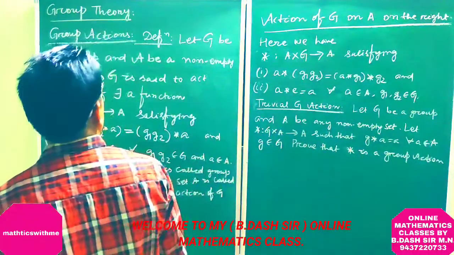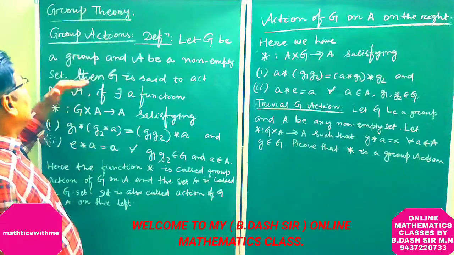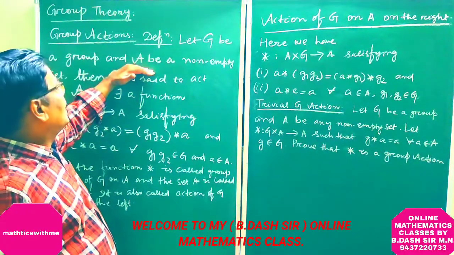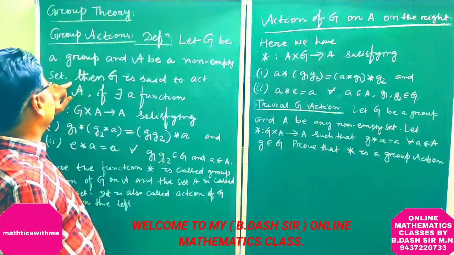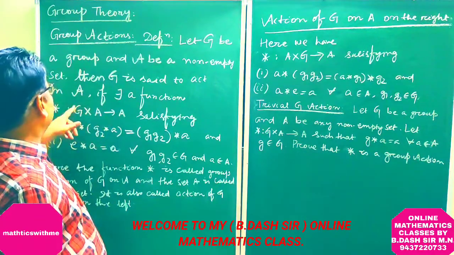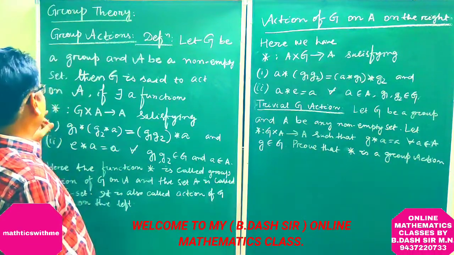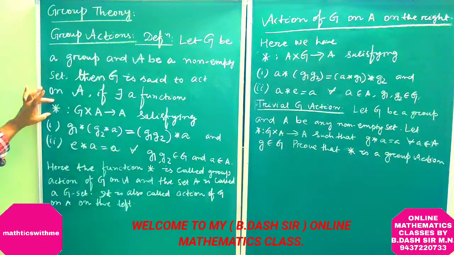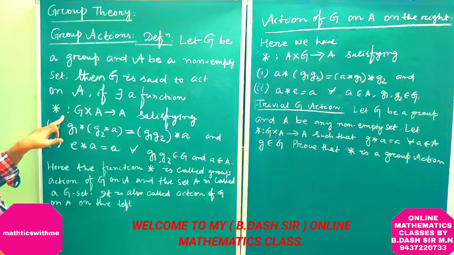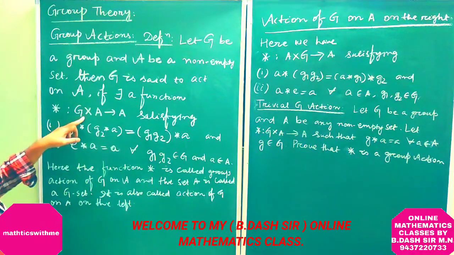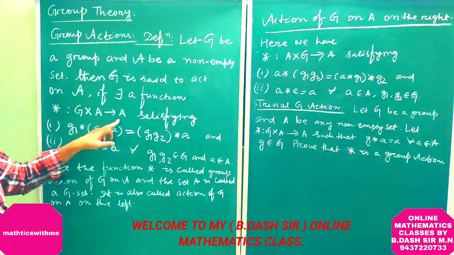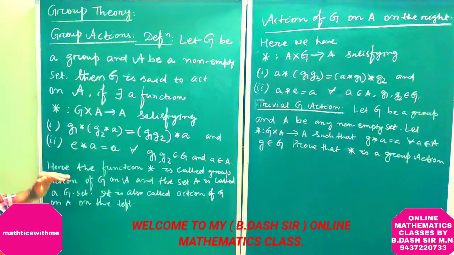Group actions. First, the definition. Let G be a group and A be a non-empty set. Then G is said to act on A if there exists a function star, from G cross A to A, satisfying these two conditions.